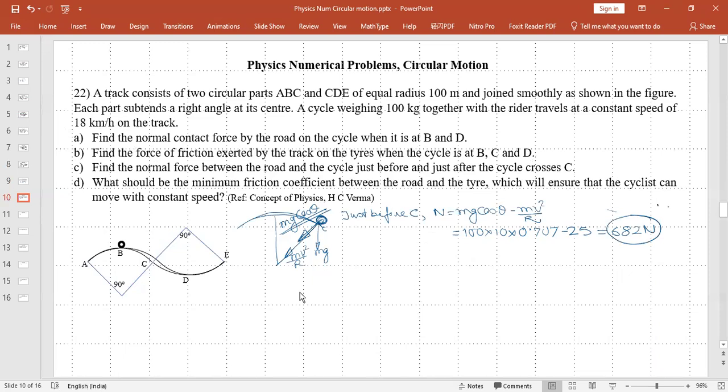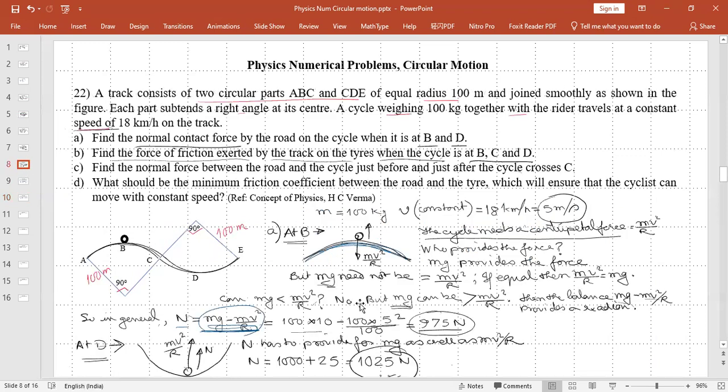And just after C, we have to use the same equation, where mv square by r was towards the center and mg was downward. That means we have to use the same equation, but with a cos theta.